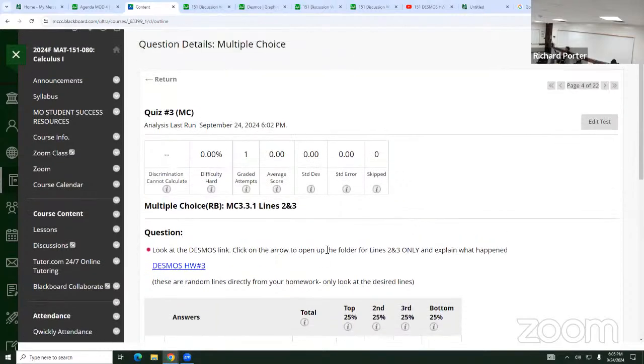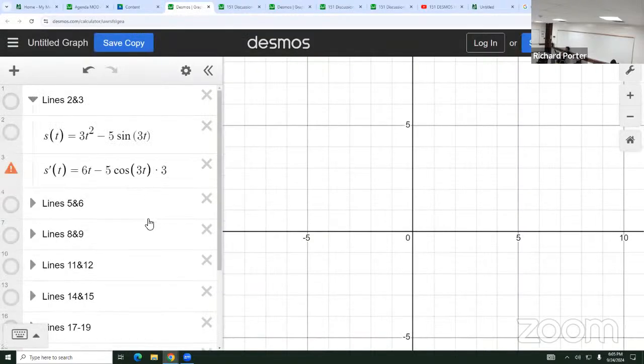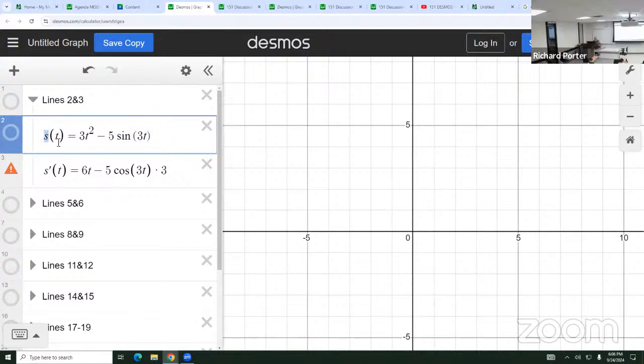Okay, so here's one where we have to look at lines 2 and 3 and tell me what happened. It looks like they just took a derivative, right? I see maybe they used a power rule and a chain rule, but they did a derivative. Does anyone remember what S means?